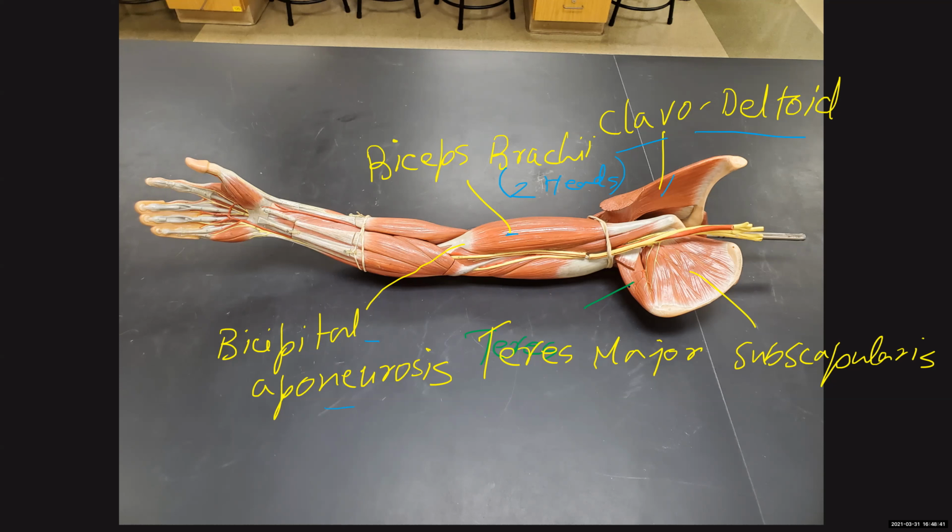Here teres major, subscapularis. Right there is the subscapularis. And now let's look at this muscle here. Let me change the color to maybe red. So this muscle here, right there, this is the coracobrachialis. From the coracoid process all the way into the humerus, coracobrachialis.